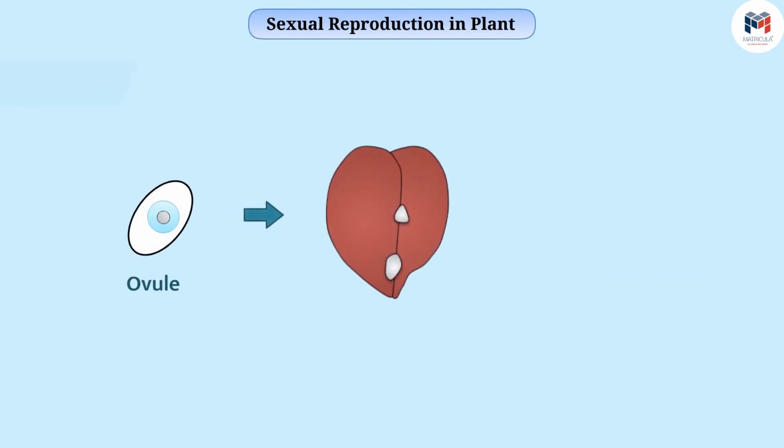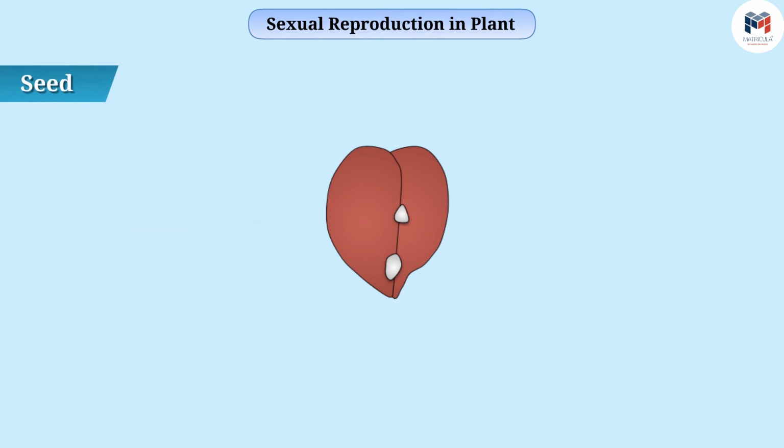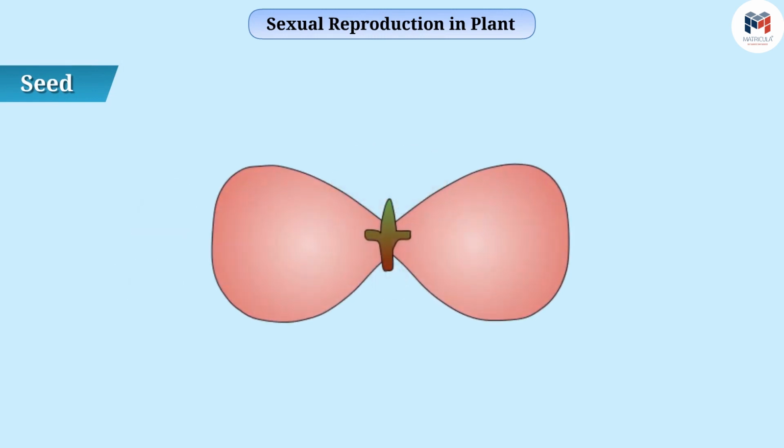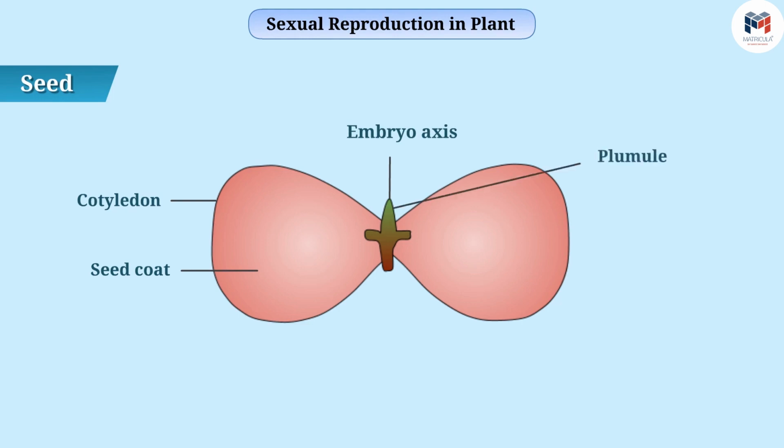The ovule transforms into a hard covering called a seed. The seed protects the embryo. A seed usually consists of a seed coat, cotyledon, and an embryo axis. The plumule of the embryonic axis is the future shoot and the radicle is the future root.